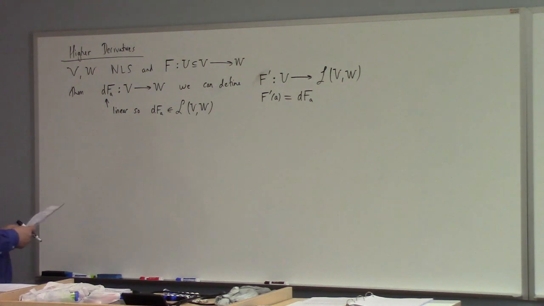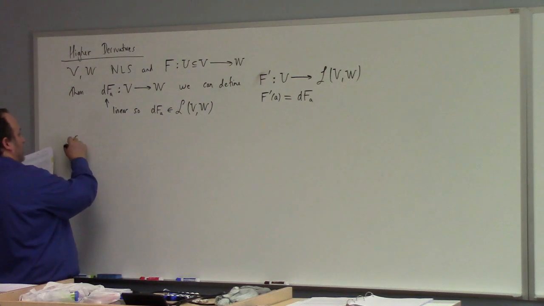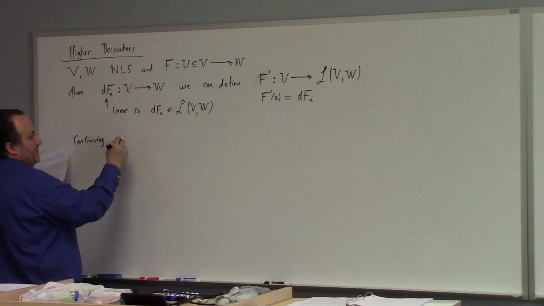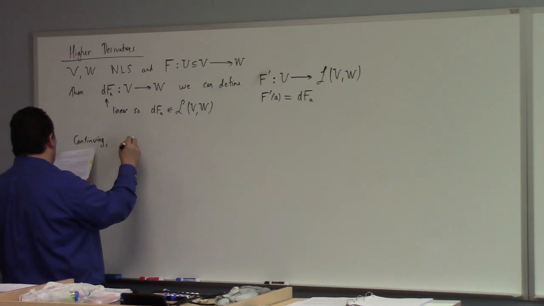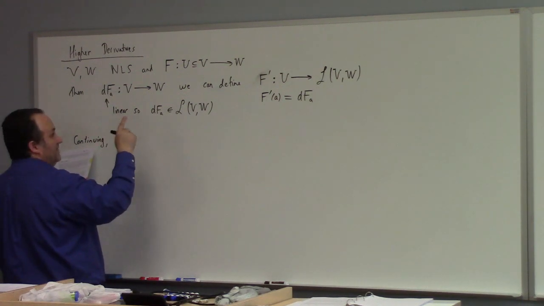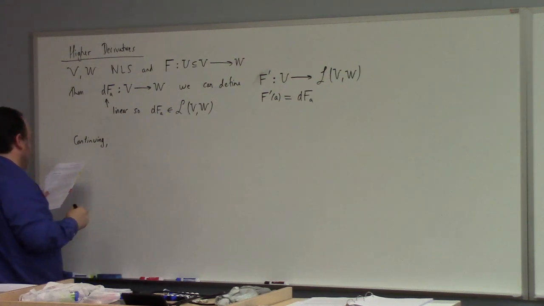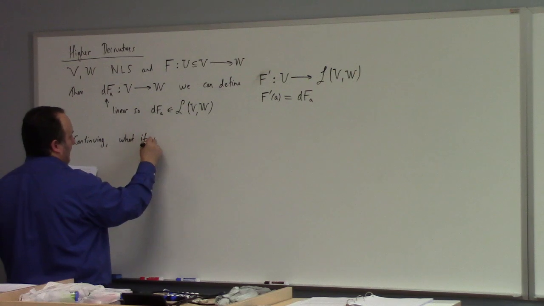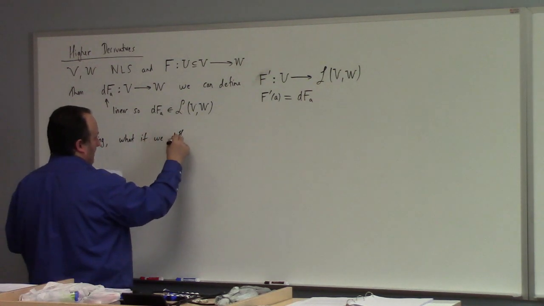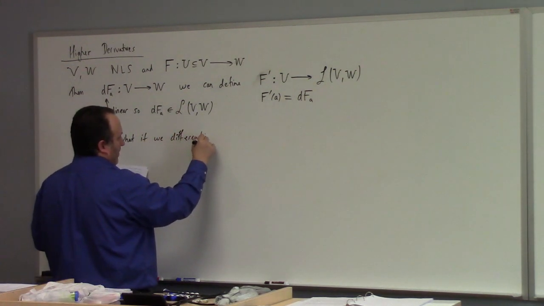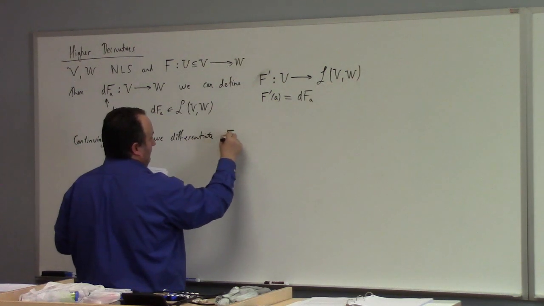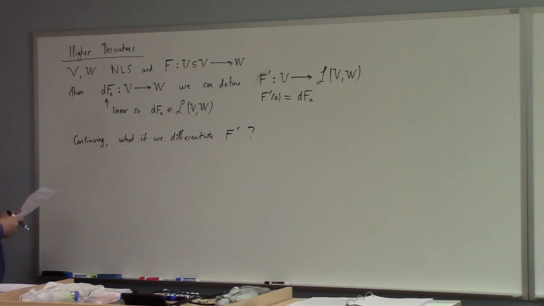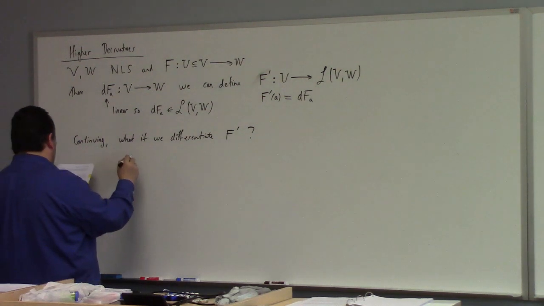And so then we can go further. You can talk about what is the derivative of F. It's F prime, right? What if we differentiate F prime? What would that look like? Well, then we'd have something like this.